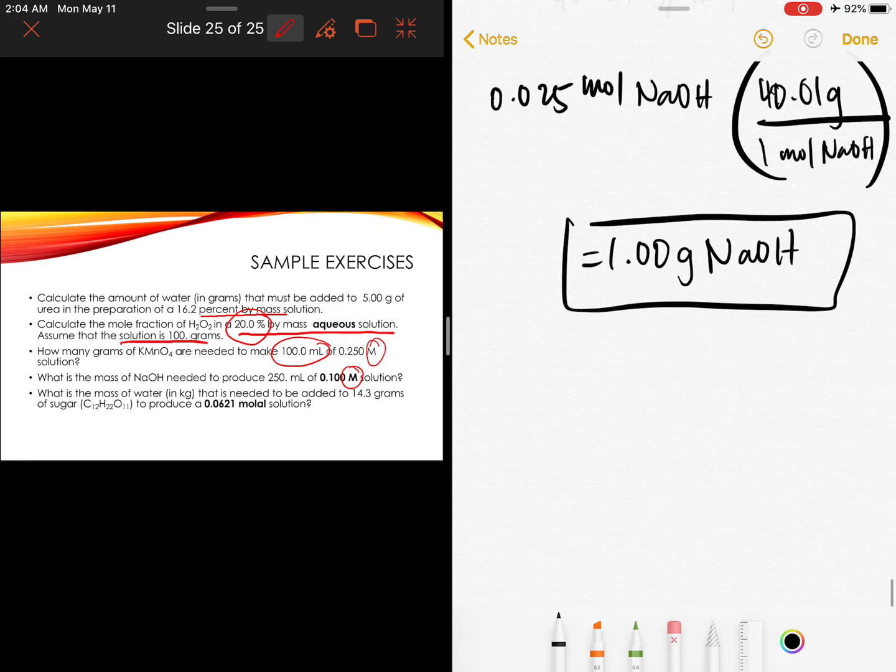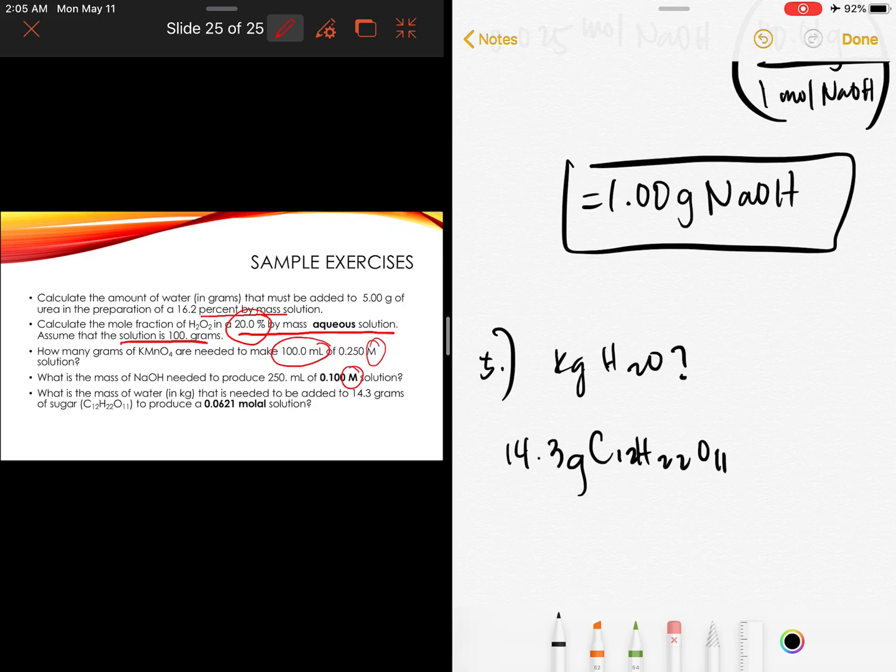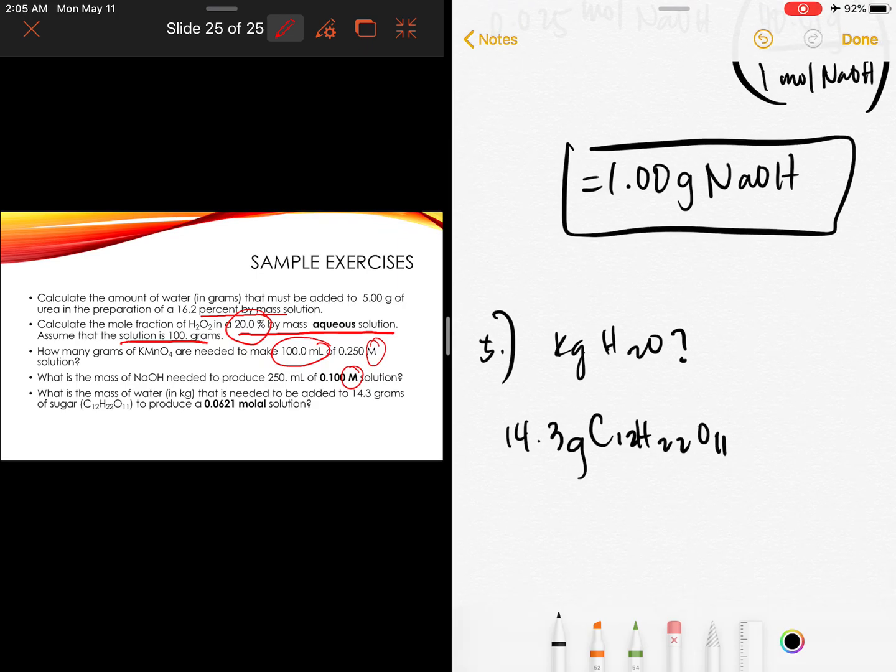Now we're on the last problem. In this problem, you are asked, what is the mass of water, in kilograms, needed to be added to 14.3 grams of sugar to produce a 0.0621 molal solution?